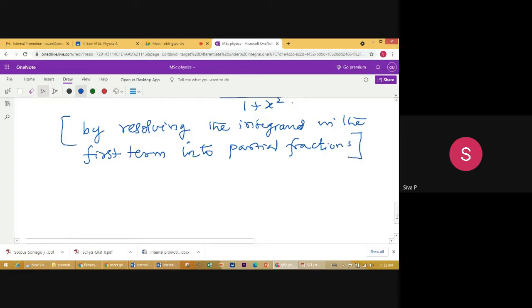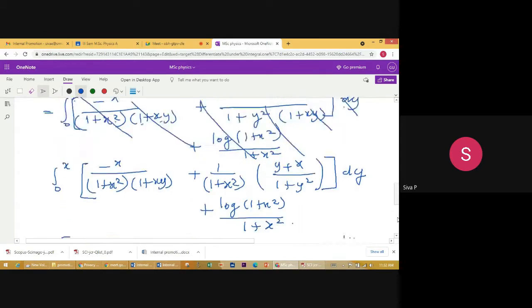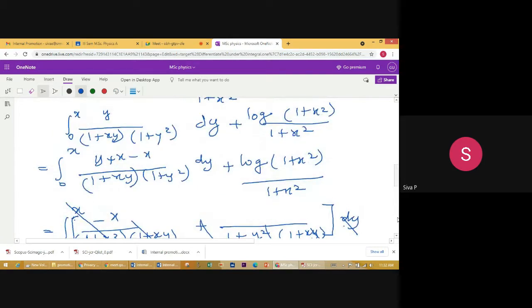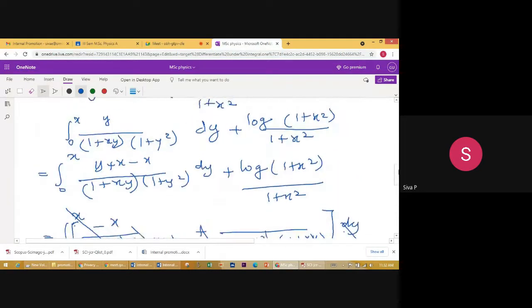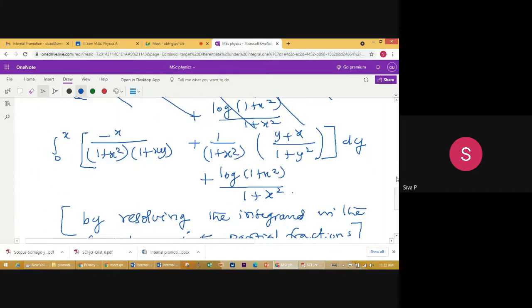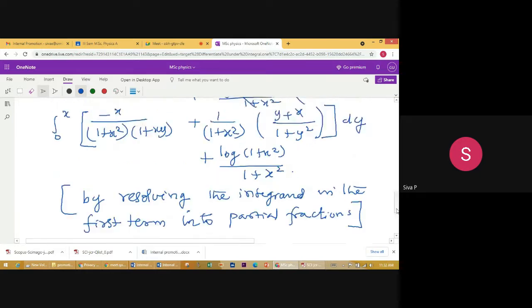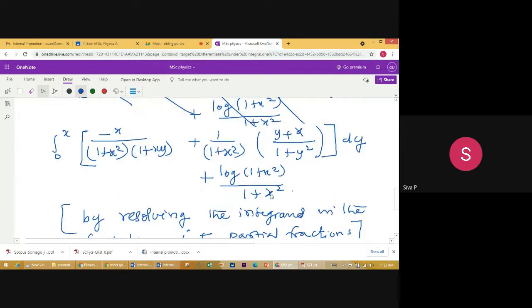Partial fraction method, I need to work out that. As no workout is given here, so I will explain, because this method may be wrong. I am taking that y plus x minus x. That is also may be wrong. So you can strike out this step also. Directly how to write from this step to the next step I have written. The other two steps you have to await. In the next class I will explain how this integral comes to this type of integral.